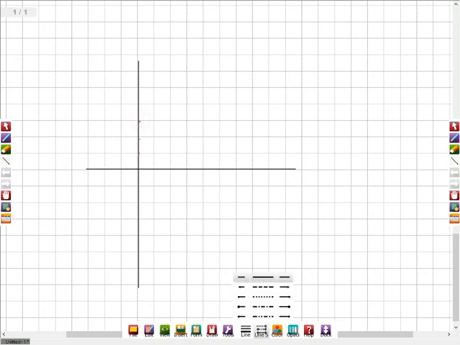Then I'm going from this point here, my graph, to this point here. I have to be between these two lines. I'm going to make it darker and a different color.